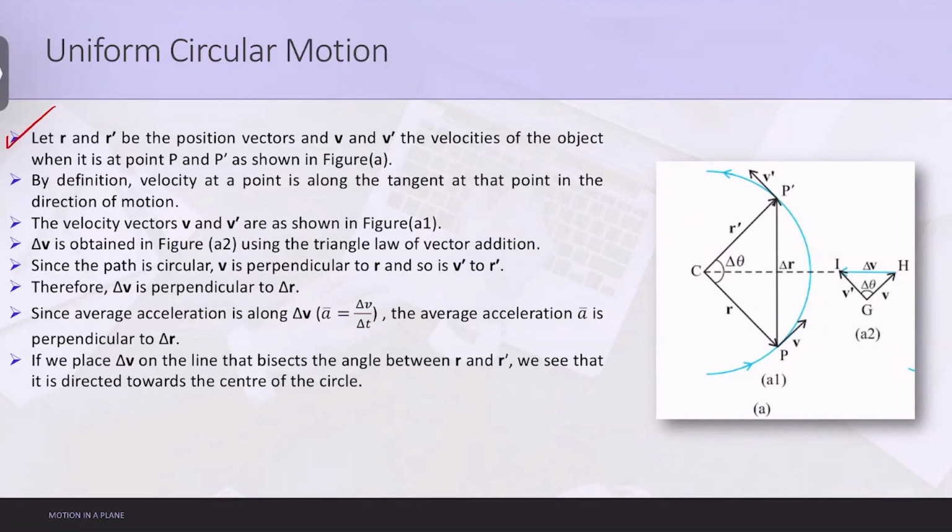Now let us understand whatever is written here. Let r and r dash be the position vectors of the points P and P dash. This was P, this was P dash. The vector drawn from the center O to P is the position vector, and similarly the vector drawn from O to P dash is r dash. Let v and v dash be the velocities of the object at the points P and P dash.